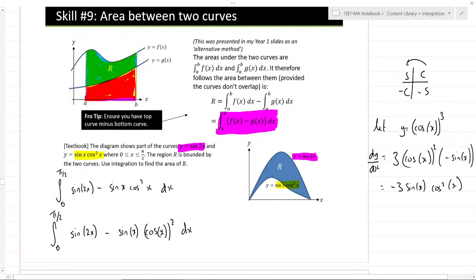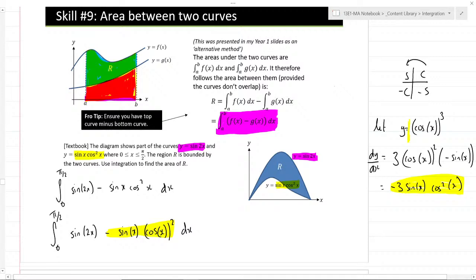So now I'm comparing this to this. And actually there's an extra 3, sorry. So in which case, because there's an extra 3, I need to have a third on top. So I need to have an extra third here. Yeah?